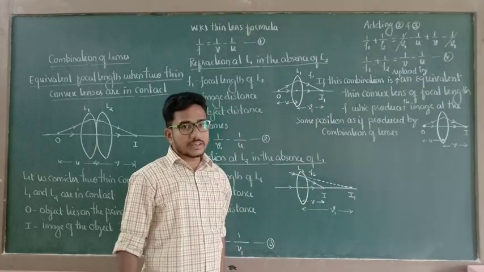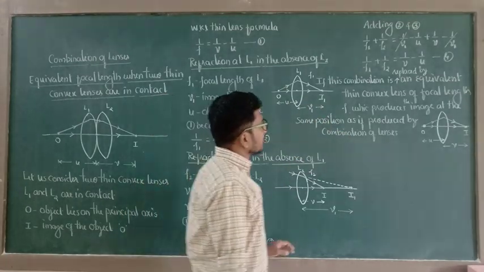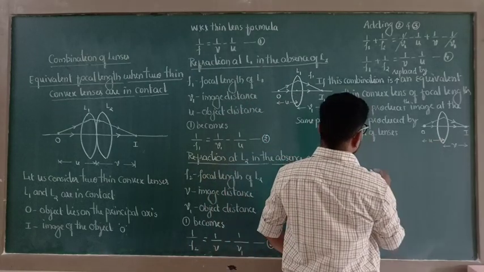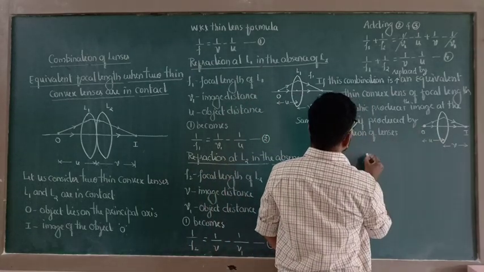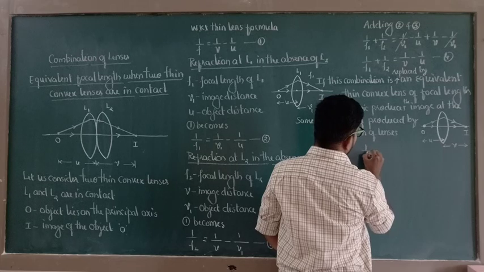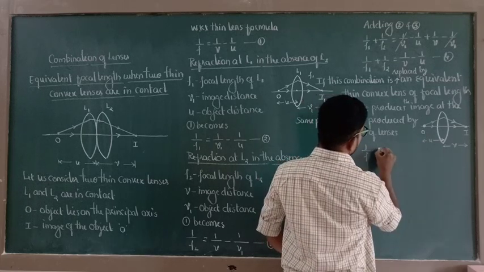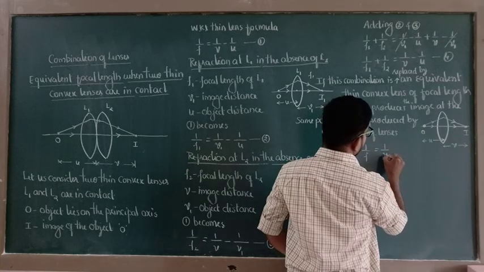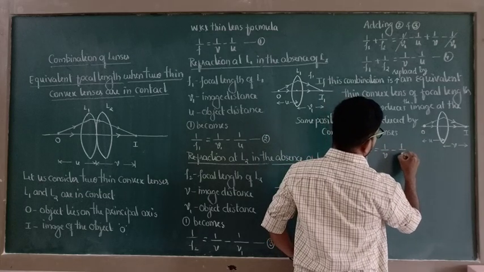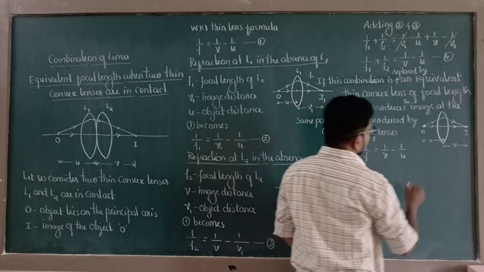Then finally you will get the result. Therefore, with respect to this lens, the focal length of this lens is F, which produces the image at the same position. So this is equal to 1 by V minus 1 divided by U, equation number 5.